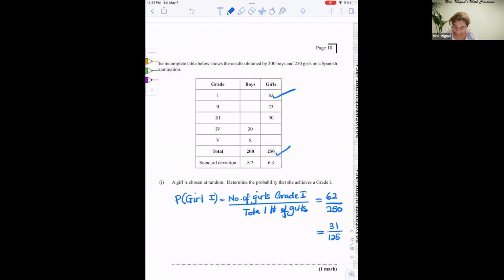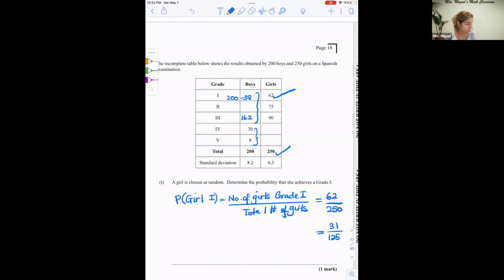If we have 200 boys and 38 received grades 4 and 5, how would we work out the number of boys receiving grades 1 to 3? 200 minus 38, which is 162, because in total, all the boys should give us 200.